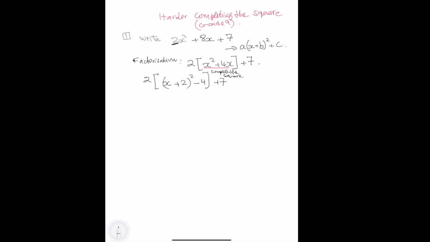Remember what we said in the previous lesson. Then you have to halve the 4, so do 4 divided by 2.